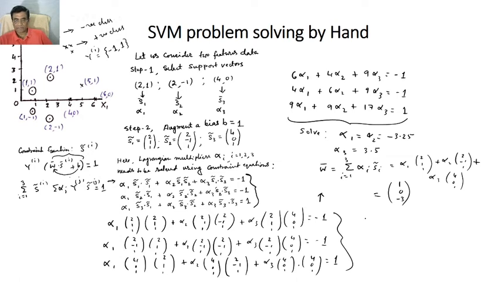We formulated the problem by considering an arbitrary decision rule. From the decision rule, it follows that W transpose X plus B equals 0.